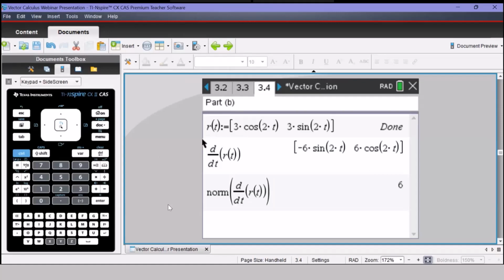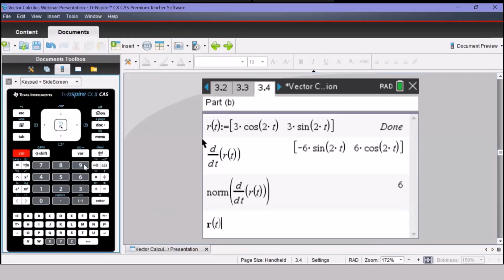And so if we say r(t), so r, open bracket t, and then come out of the bracket there, Control symbols template, and then we use the square bracket and then type in 3 cos 2t and then a comma.